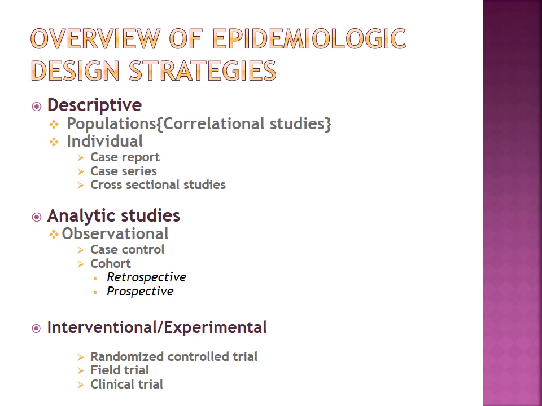Analytical studies are mainly observational and are of two types, case control and cohort. Cohort can also be retrospective and prospective. Interventional or experimental studies can be a randomized control trial, where there is random allocation of the study subjects, or if it is not done, it is a field trial or clinical trial.